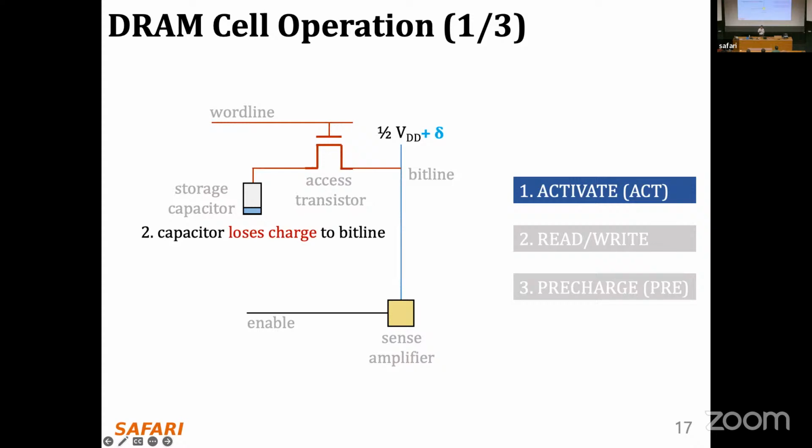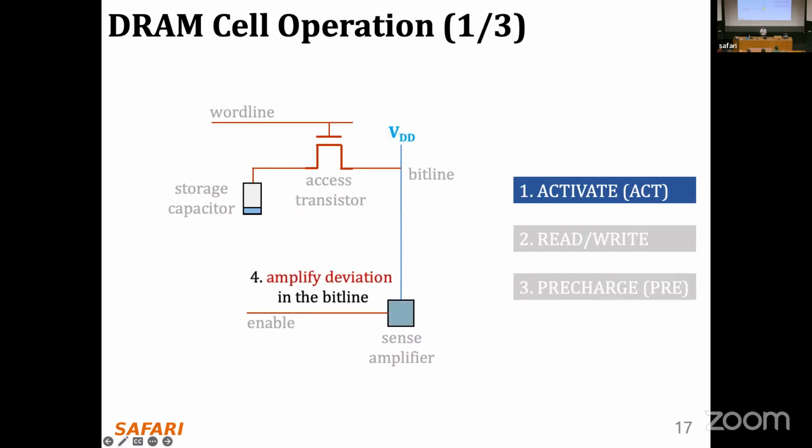This makes the capacitor lose charge to the bit line, generating a perturbation to its voltage level. Then the sense amplifier is enabled, and this perturbation is amplified to either VDD or ground, depending on the direction. After this, the data is restored to the DRAM cell itself, and the data of the entire row is latched to the sense amplifiers, or the row buffer.